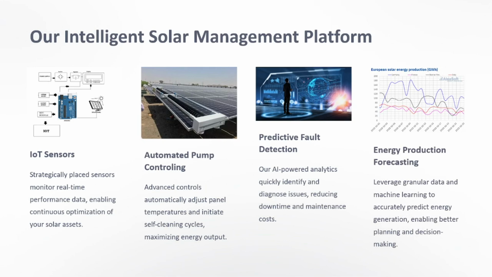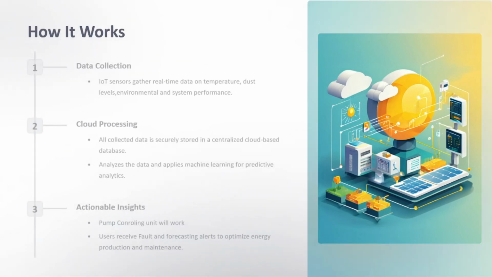One is the predictive fault detection system and model, and the other model forecasts the future energy production, because the second part of this platform is very important at the consumer level. The intelligent system will work with the IoT sensors and automated pump controlling. So then how does it work?